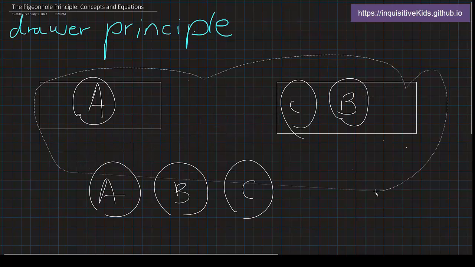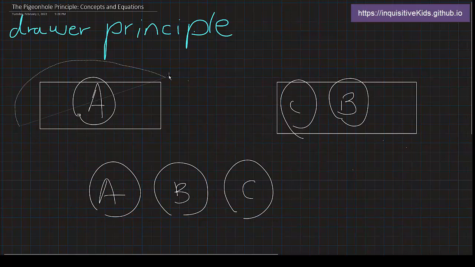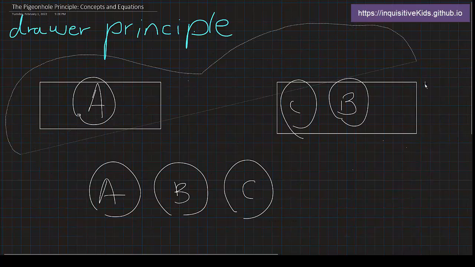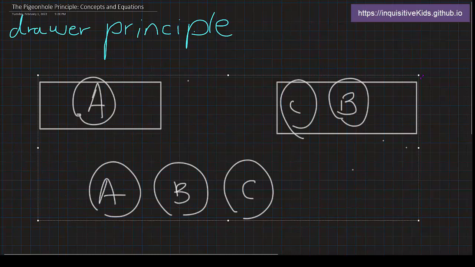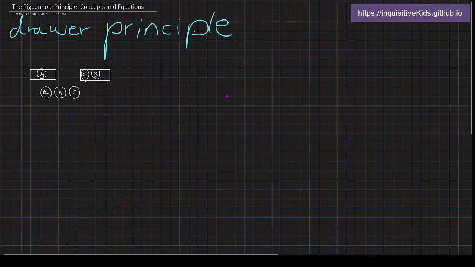So the pigeonhole principle says that the number of pigeons, in this case 3, divided by the number of pigeonholes, which is 2, gives 1 remainder 1.